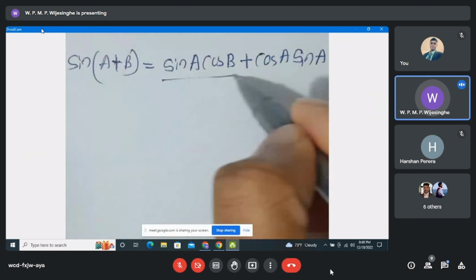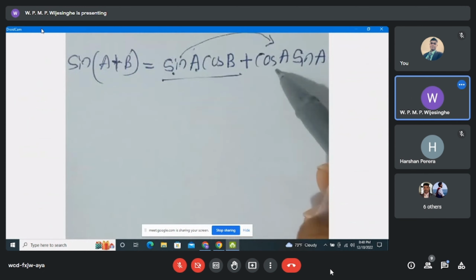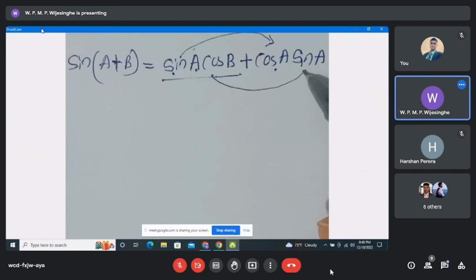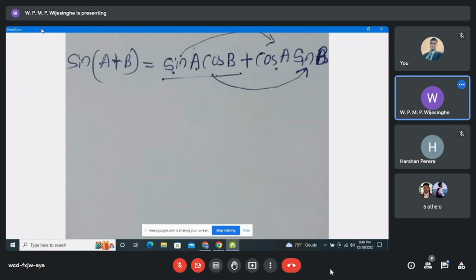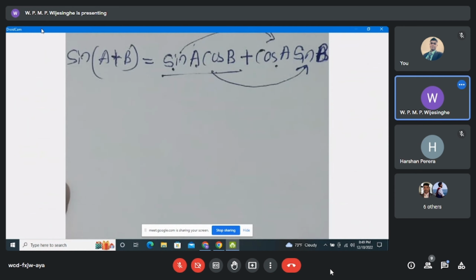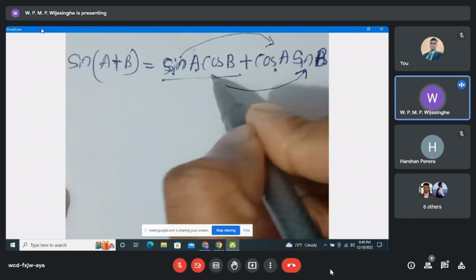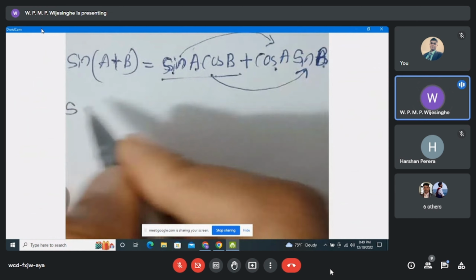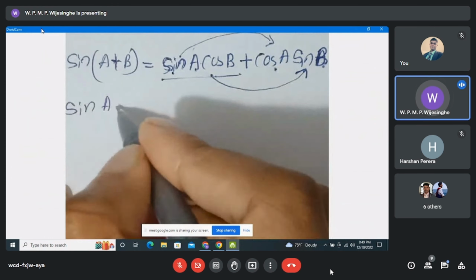Here, first term it is sine A, second term it is cos B. First term it is cos A, second term it is sin B, right? Here sin A cos B plus cos A sin B, right?